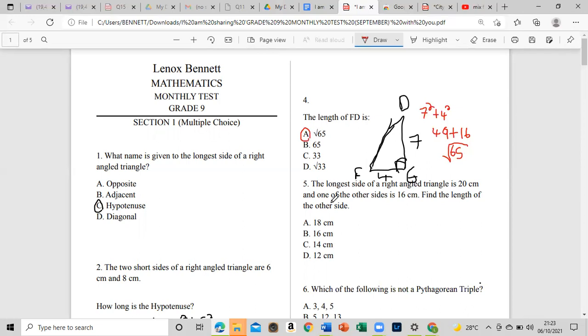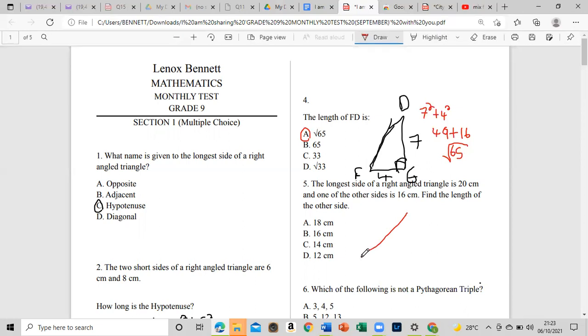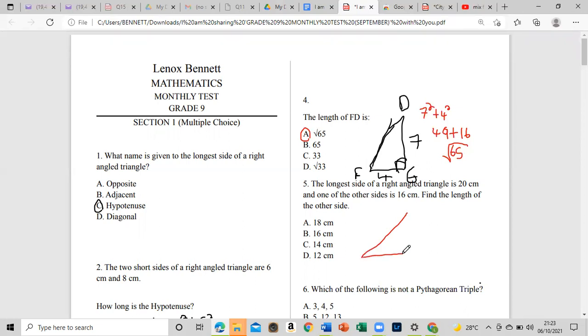Alright, the longest side of a right angle triangle is 20 centimeters, and one of the other sides is 16. Find the length of the other side. It's very important for you to draw your triangle. Once you have a vivid picture, it becomes so much easier. So the longest side is 20, so this would be 20.